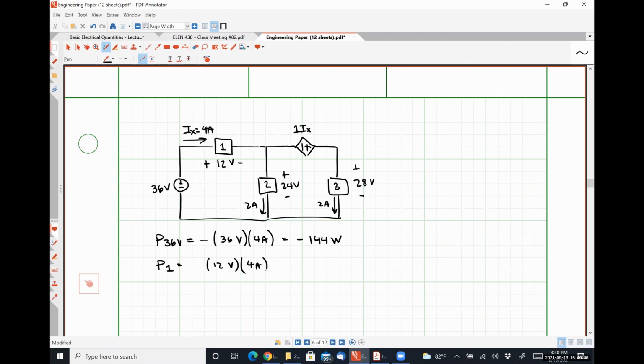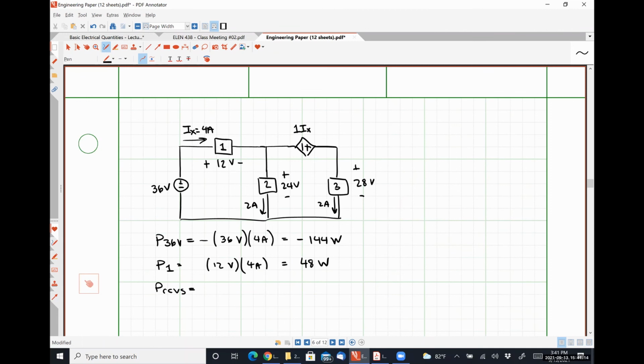Into, which means I don't include the negative sign. And then I just repeat that for the other 3 circuit items. So let's look at the current controlled voltage source. You're right, 12 times 4 is totally 48. Thank you.